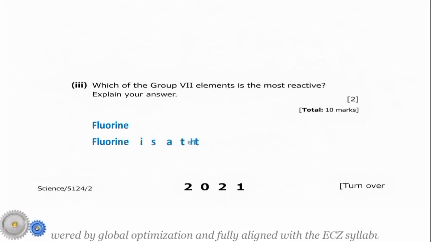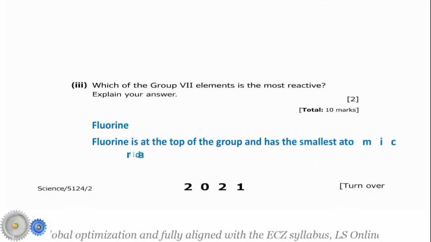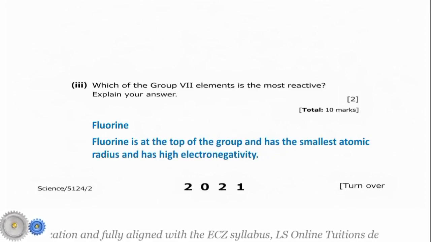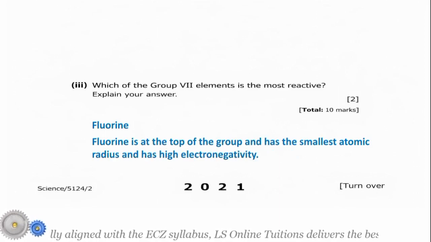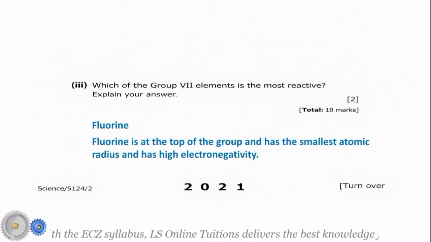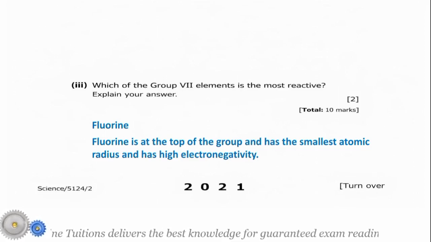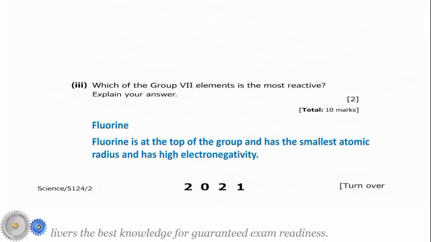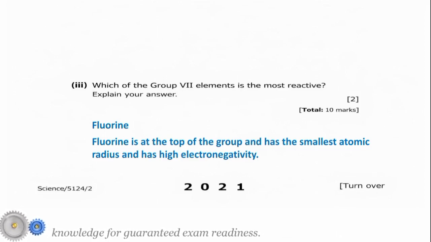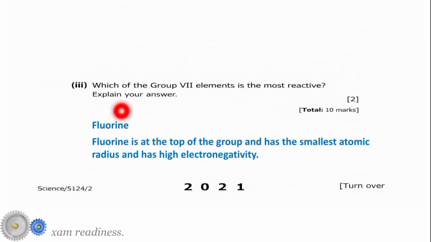Okay, so the reason that we are going to give, we are going to say fluorine is at the top of the group and has smallest atomic radius and has high electronegativity. So these two properties qualify fluorine to be the most reactive element in group 7.